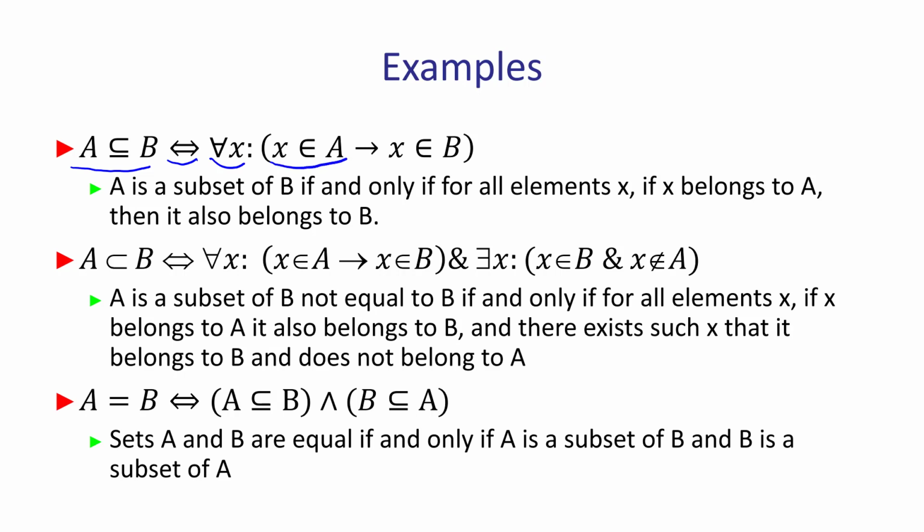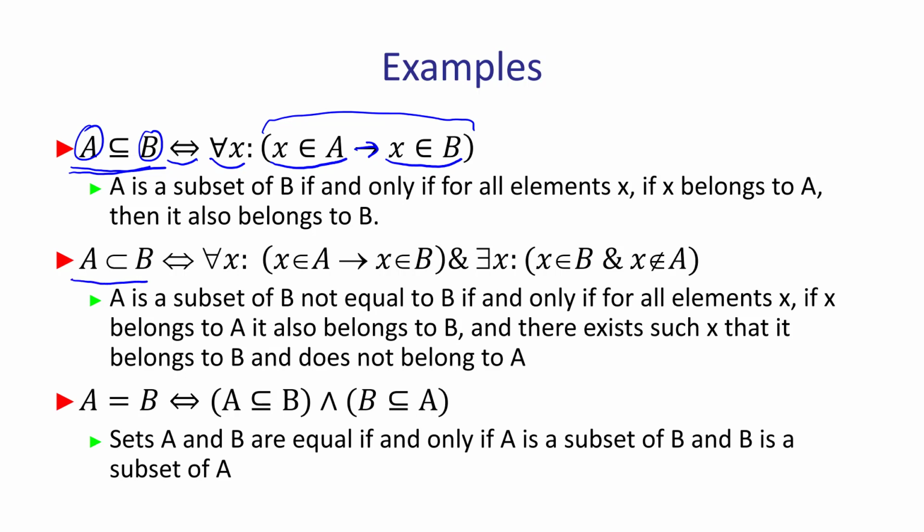If x belongs to A, which means that set A, which you hope to prove that this is a subset, then it follows that that element x also belongs to set B. That expression technically means that if x belongs to A, then the same x belongs also to B, which means all of the elements of A belong to B. So this is how you formally write that thing.